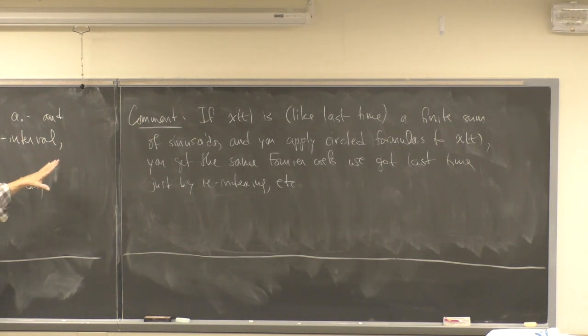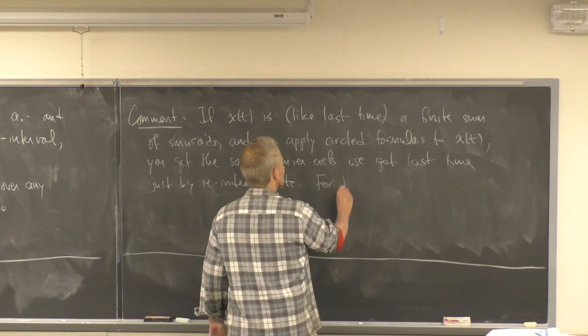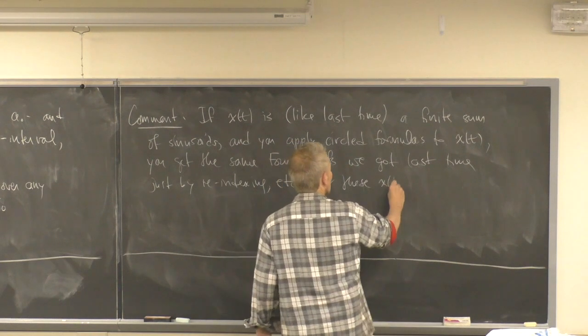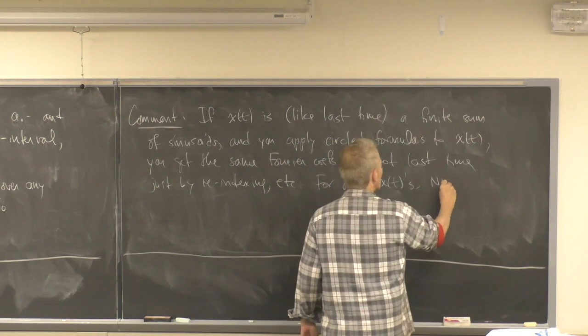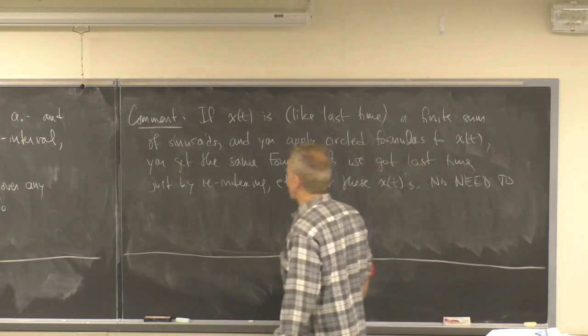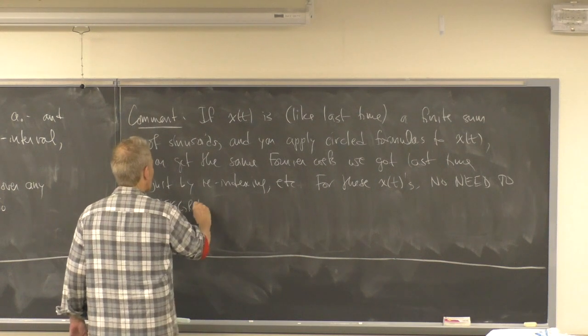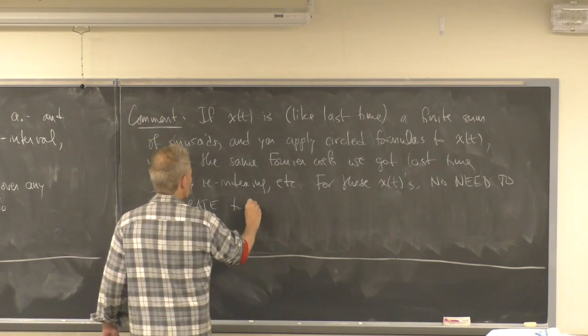So some people say, wait, I have this formula for Fourier coefficients, and then we have the rearrangement thing last time. In these cases, those two approaches lead to the same a's. Okay, so for these x of t's, there's no need to integrate, all caps, to find the Fourier series.